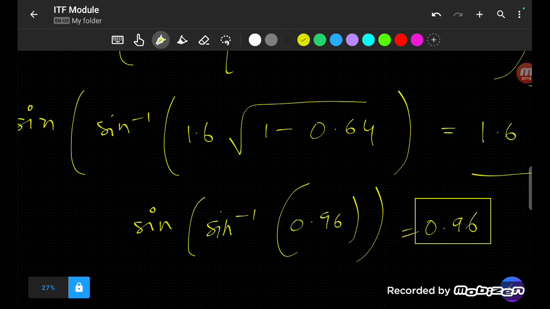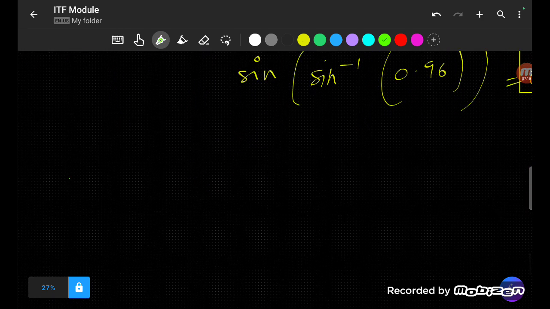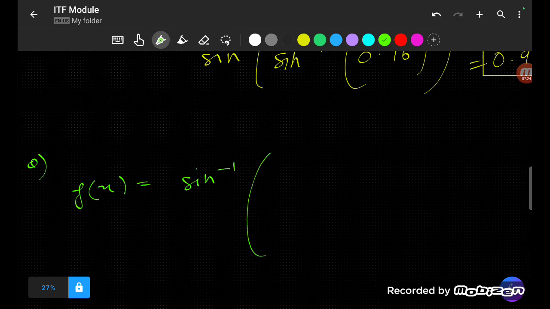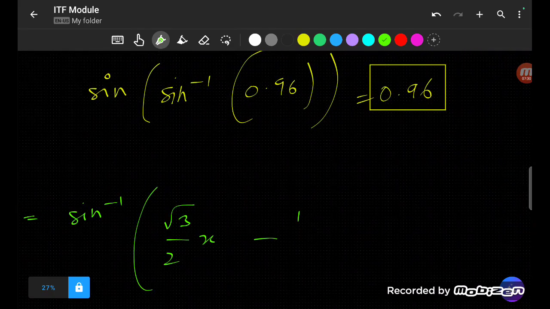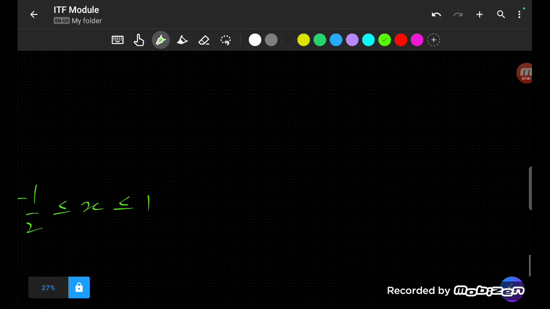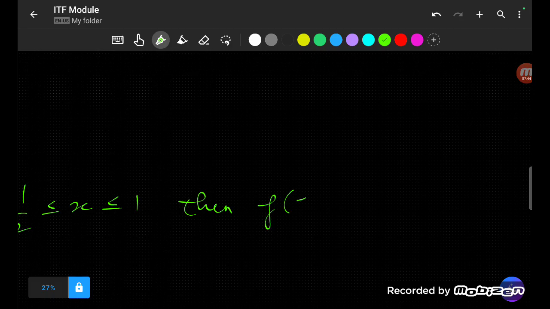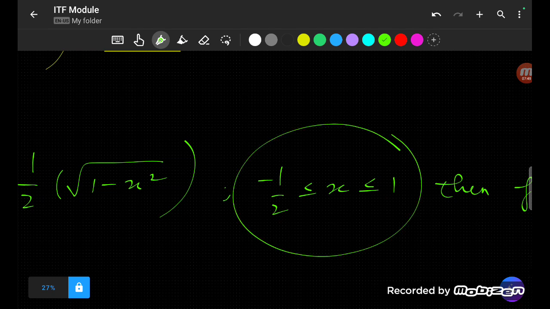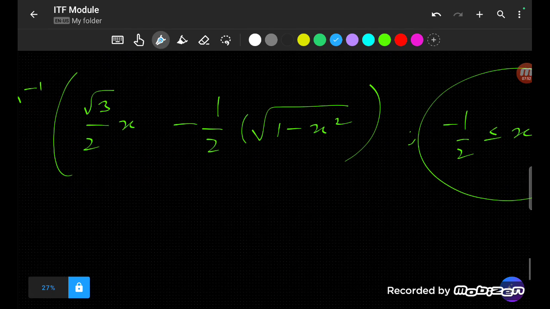Okay, so now we have another question here. So f of x is sine inverse root 3 by 2 x minus half under root 1 minus x square, and this is given, x's range is given, then f of x is equal to, so we are given this range and we need to solve this one.